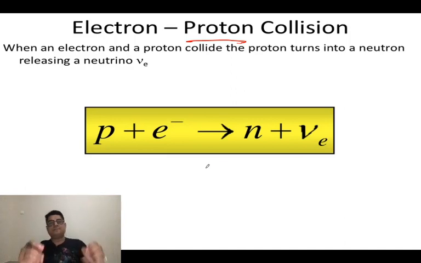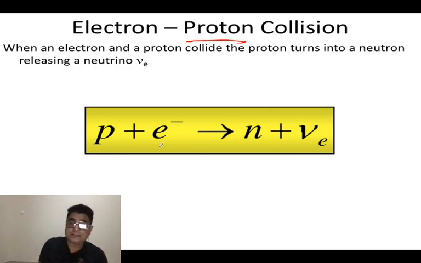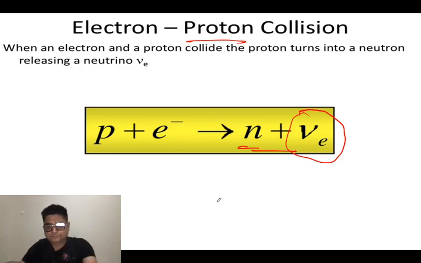Everyone might have heard about the name LHC, that's Large Hadron Collider. It happens inside a particle accelerator. So that's what it's being depicted over here: when proton and electron are compelled to overcome Coulomb's electrostatic force of attraction, it forms neutron and neutrino.